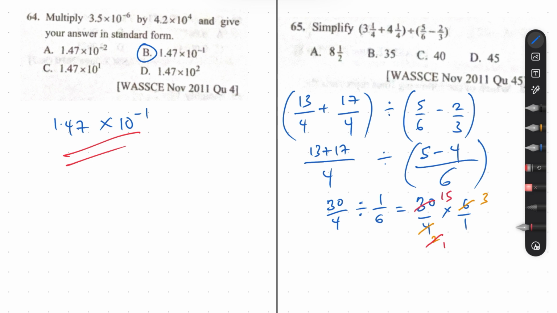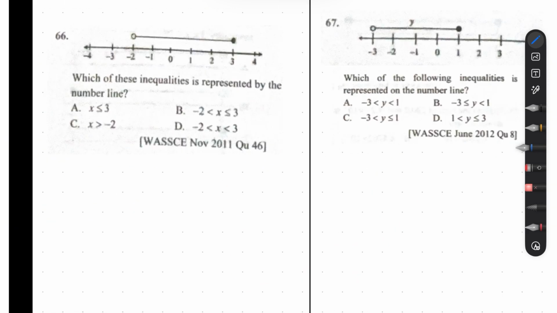So our final answer will be what? 15 times 3, which is what? 45. So our answer is 45. Do you have that here? Yes, D. Okay, cool. Let's move on to question number 66.